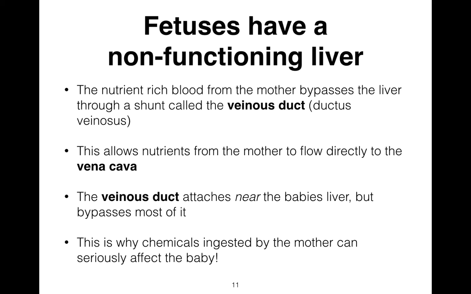And it's important to understand that because it bypasses the liver, the mother has to be very careful about the food she eats, the chemicals she ingests, because chemicals ingested by the mother can seriously affect the baby because it's going directly into that fetus's bloodstream.